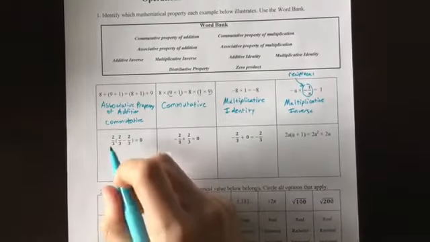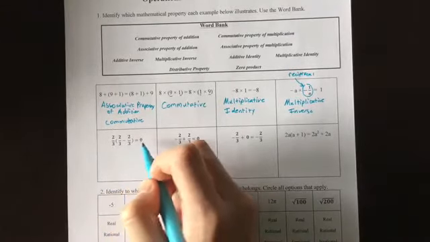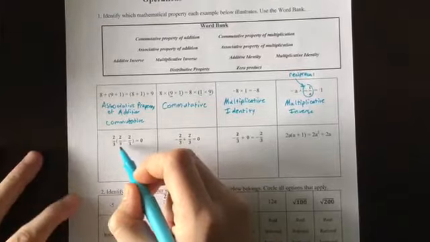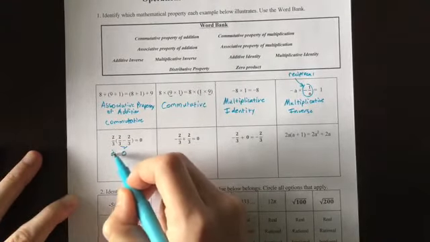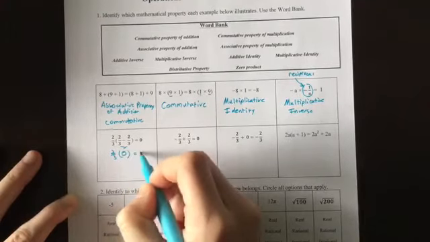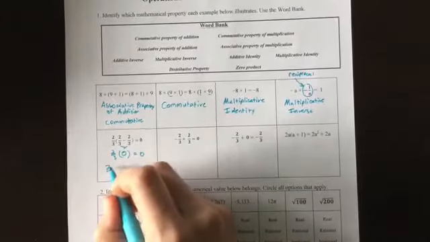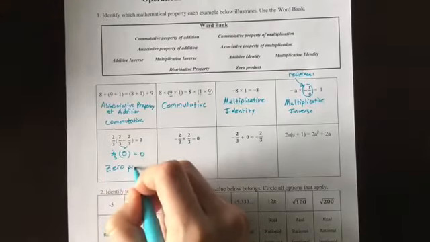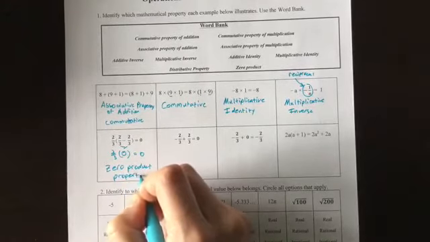Down here on the bottom left, we have 2/3 times 2/3 minus 2/3 equals 0. What I want to think about is how this simplifies to 0, and what we have happening here is really 2/3 times 0 equals 0. So hidden within that is really our zero product property.